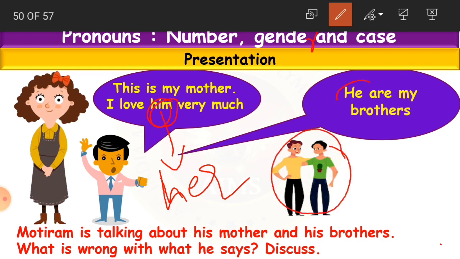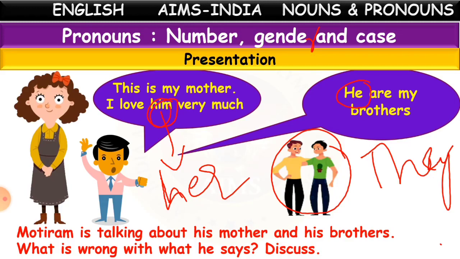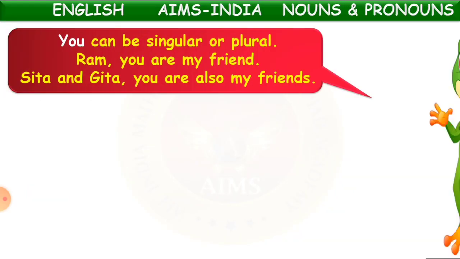What did he say? He. He said it as singular, but they are plural in number. Then what do we have to say? They. They are my brothers. This is nothing but what we are learning about number, gender and case. Okay, so we are going to learn about that. Clear children? So let us continue.